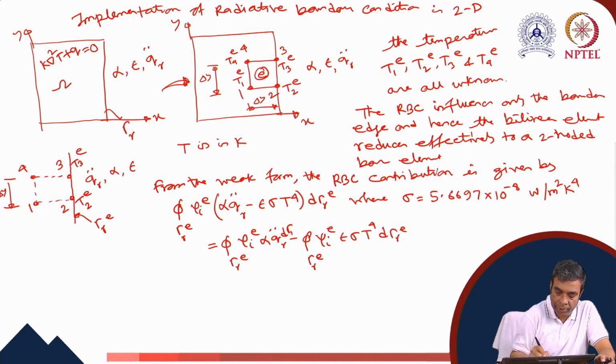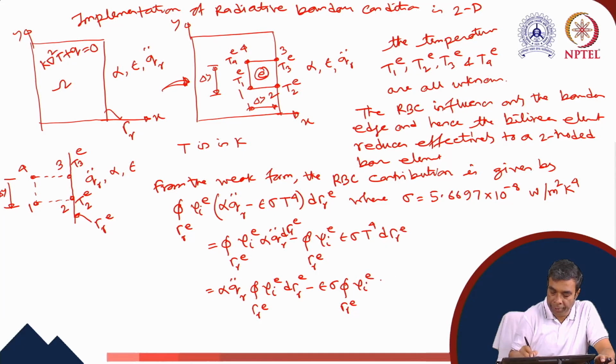So this gives us alpha QR double dot boundary integral along gamma RE psi IE d gamma RE minus epsilon sigma boundary integral along gamma RE psi IE into summation of TJE psi JE to the power 4 d gamma RE, where J belongs to gamma RE.